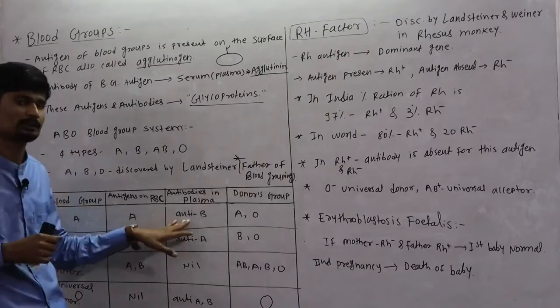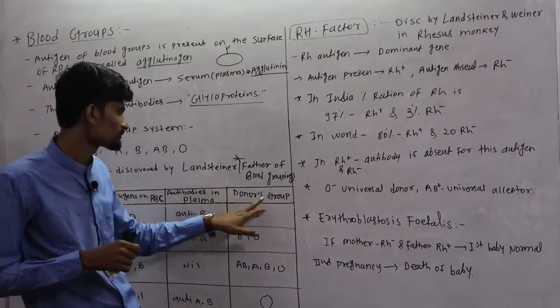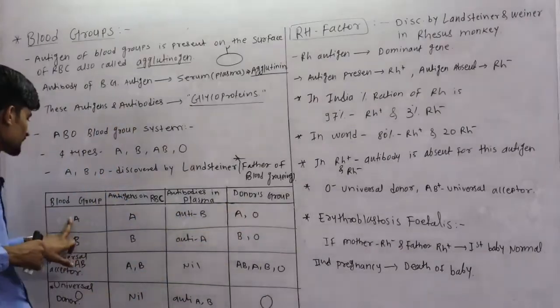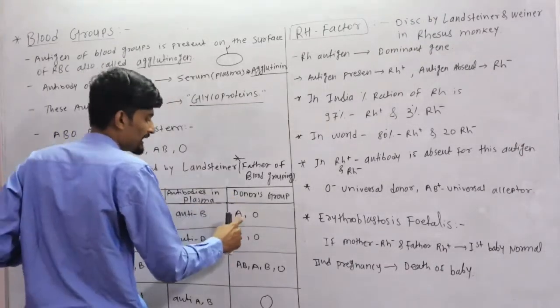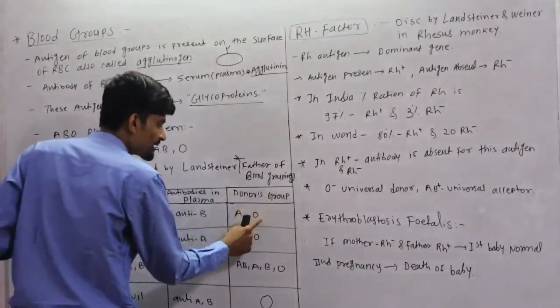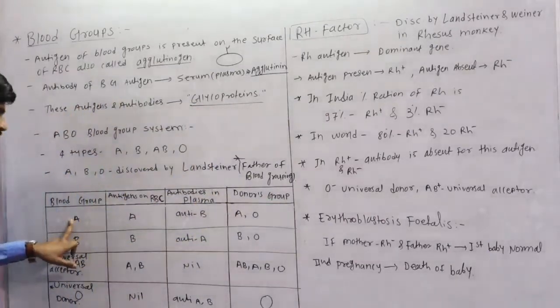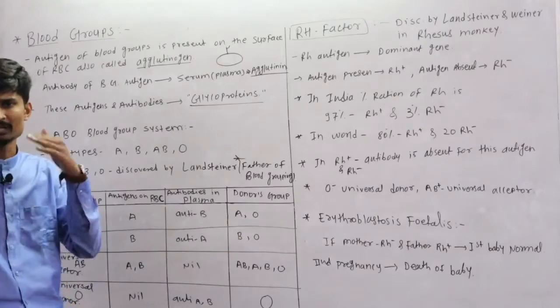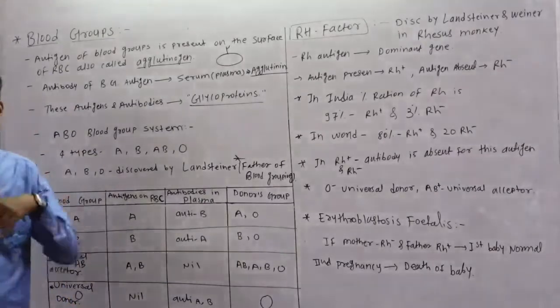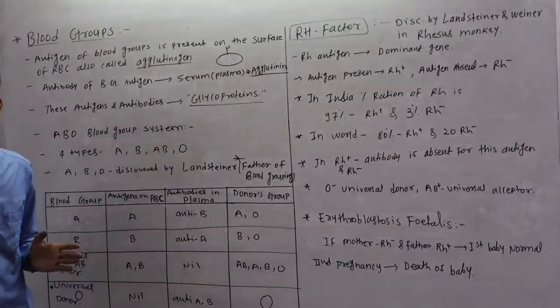So this is natural. And donors group means A blood group can receive blood from the A blood group itself and the O blood group. So A can receive from two persons, the persons having blood group A and the persons having blood group O.